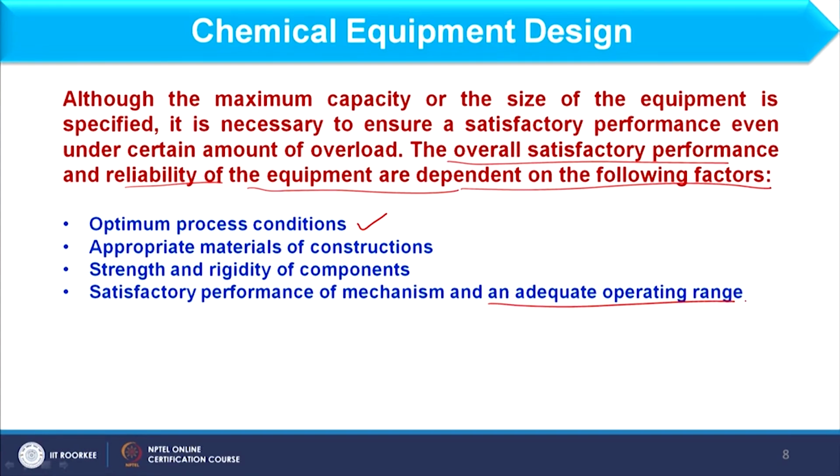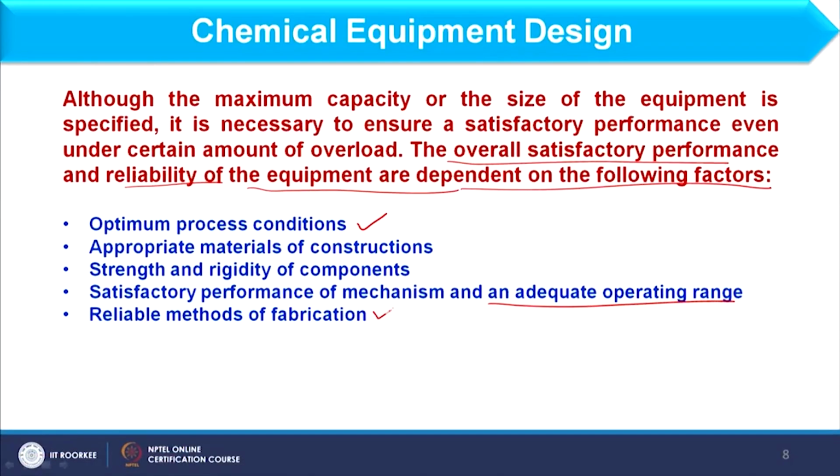Initially we discussed that it should operate at optimum condition, and then it should be operated in a range, because if I say that temperature is 20 degrees Celsius, that temperature may vary during the operation. It may vary, let us say, from 18 to 22. So, that flexibility in the equipment should be there.